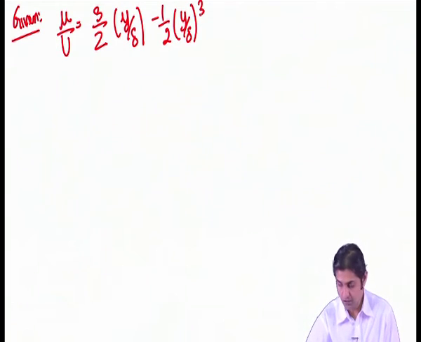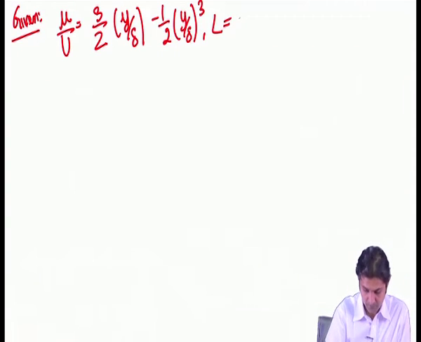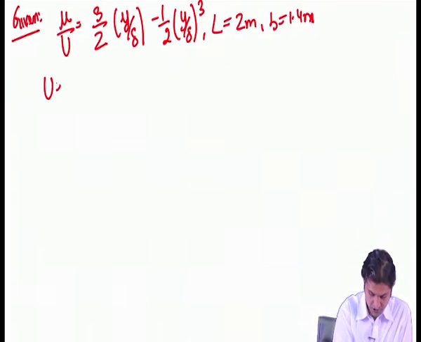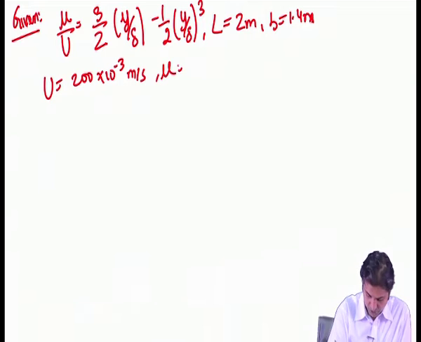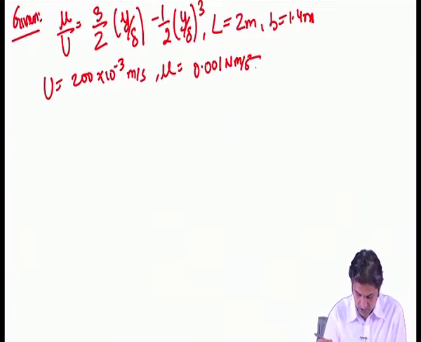Okay. And we also have been given that the length of the plate is 2 meter, B is 1.4 meter, and the capital U is also given as 200 into 10 to the power minus 3 meters per second, and mu is also given as 0.001 Newton second per meter squared.